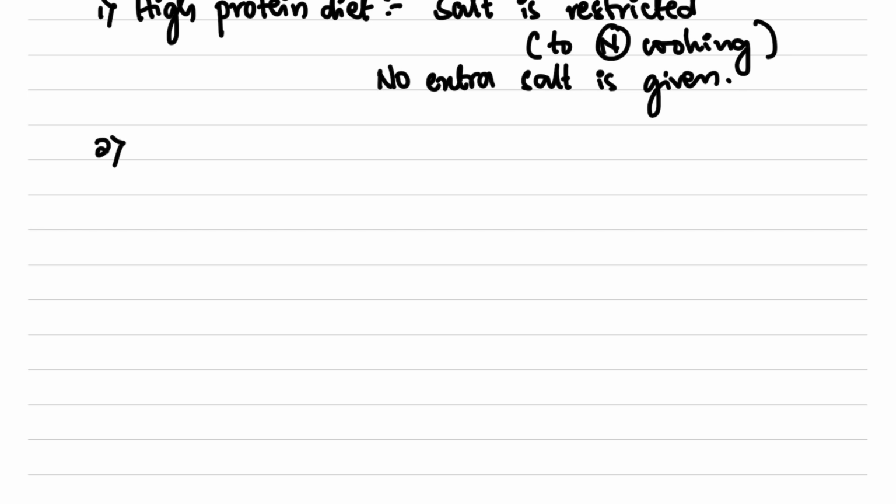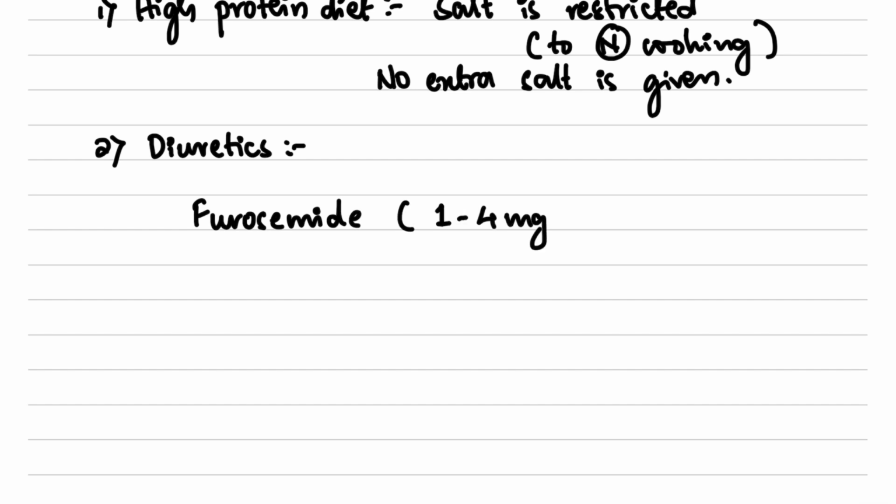The second advice is the usage of diuretics. So we know that in nephrotic syndrome the patient will have high fluid overload. We'll start the patient on furosemide, which is a loop diuretic. Furosemide is given 1 to 4 mg per kg per day, and this is in 2 divided doses.